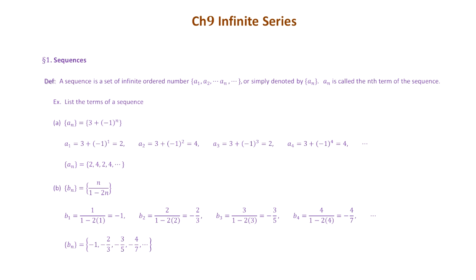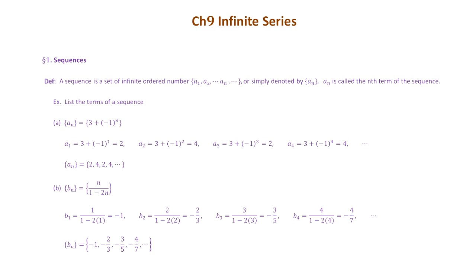For the first term a1, I plug in 1 for n in the formula. That's 3 plus (-1) to the 1, so you get 3 minus 1, which is 2.